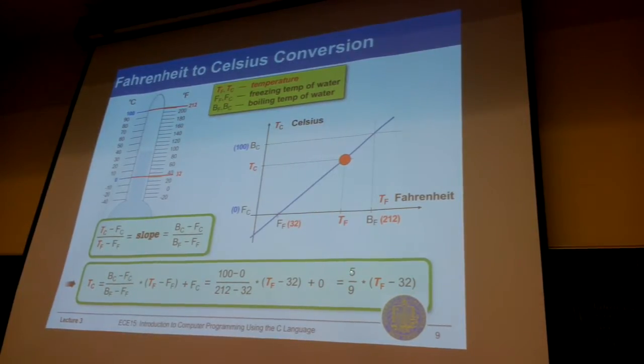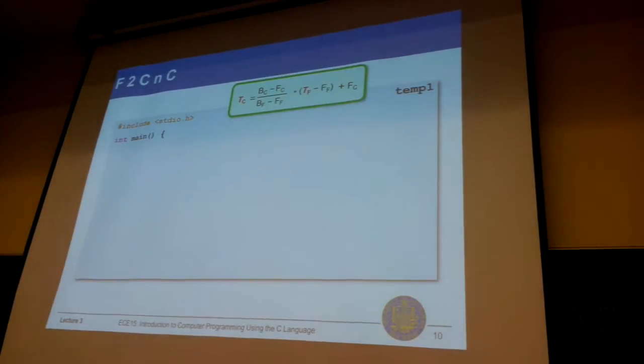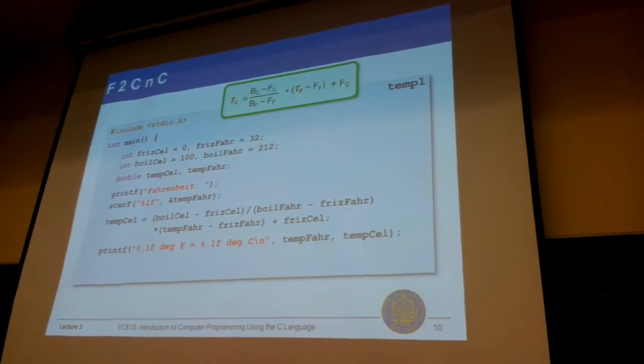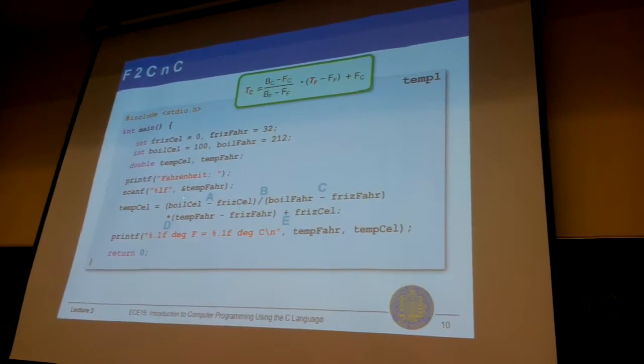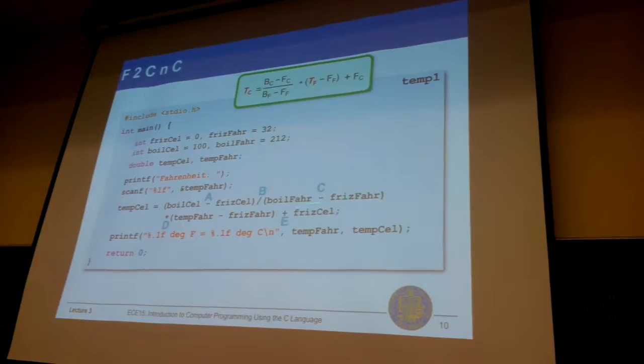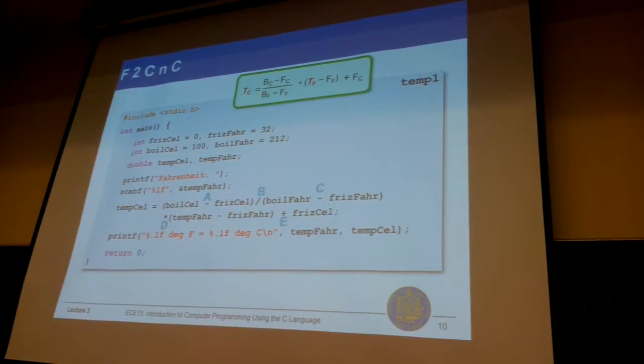That was the result of that division. And since we're using whole integer types, this 5/9 calculation would go to 0. And so that would be the big problem in this equation.